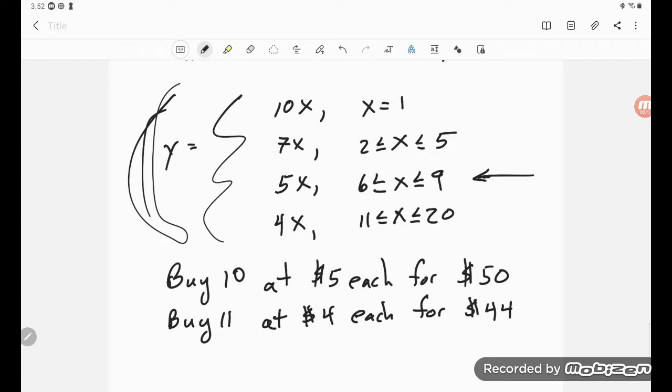You can buy 9 or you can buy 11. And if I can't buy 10, I would go to 11, probably, because I need 10. So I would go ahead and buy the 11 and pay the $44. And this kept me from losing money by redefining my model this way.